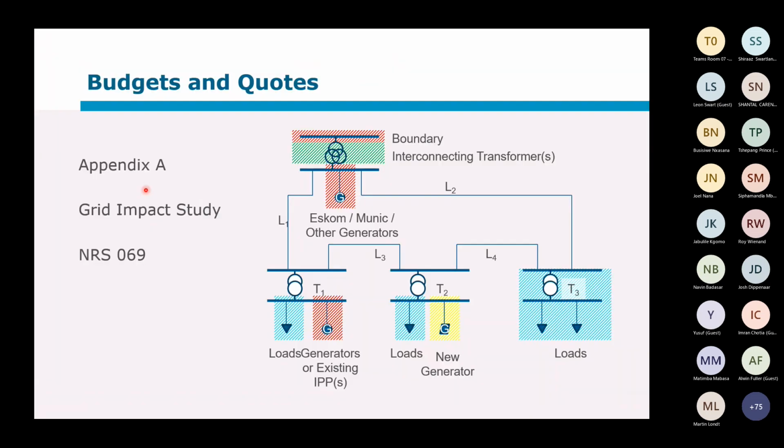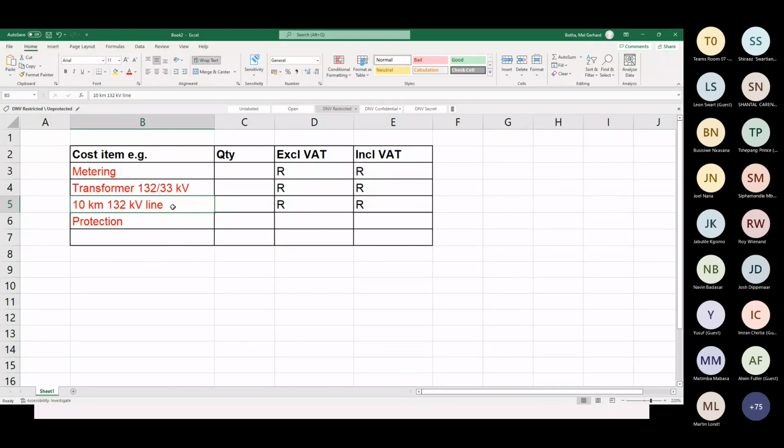Then let's assume that in total, these are obviously 132 kV lines, and the total length is 10 and 5 kilometers. In this case, it's going to be 15 kilometers of 132 kV line.